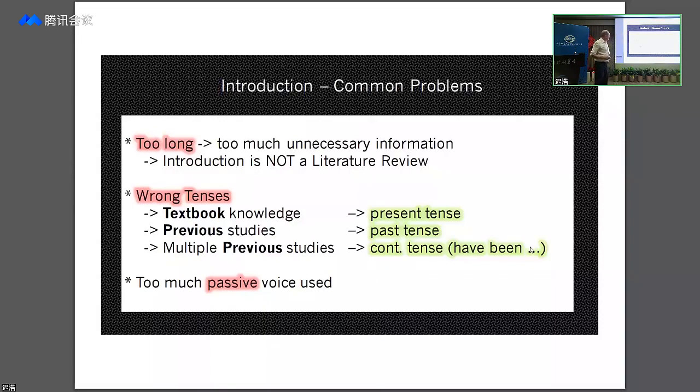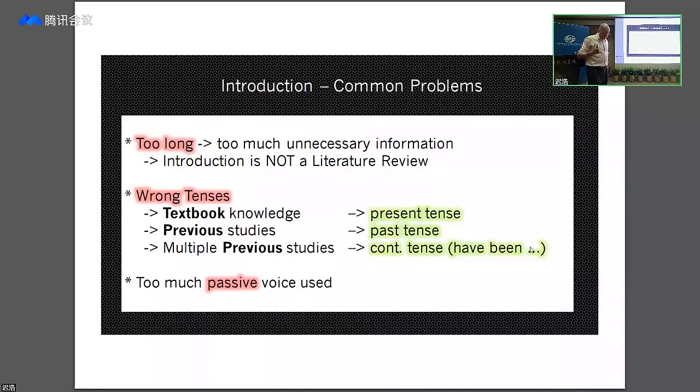The other thing is wrong tenses. Please make sure that you stick to present tense when you have textbook knowledge. Textbook knowledge is what we assume to be facts until proven wrong. We assume anything that's written in a textbook is correct, so we use present tense.